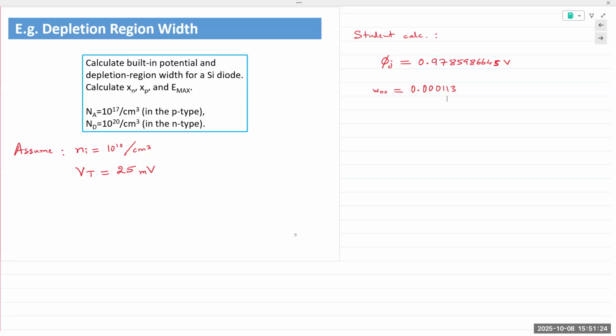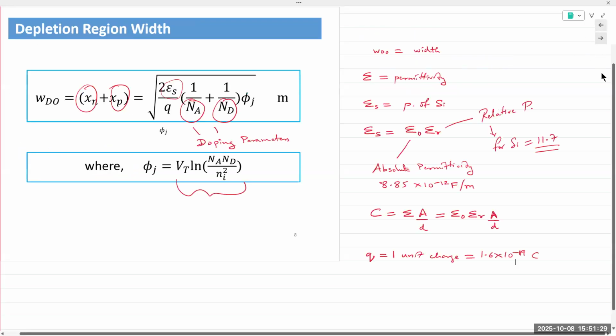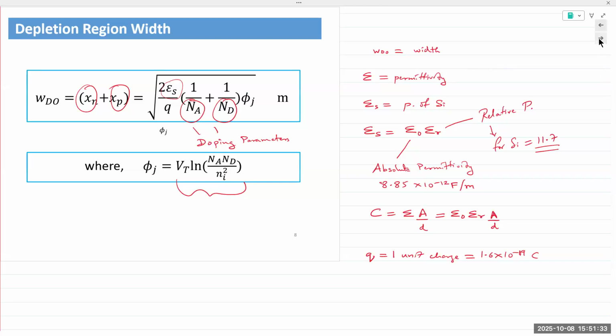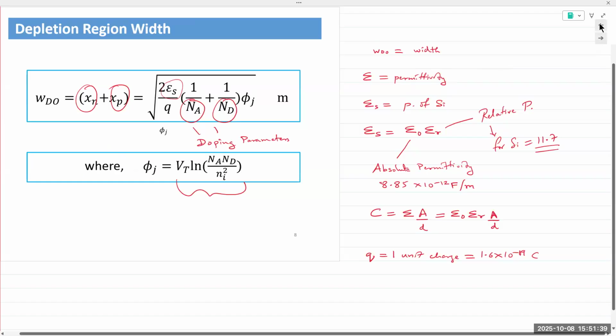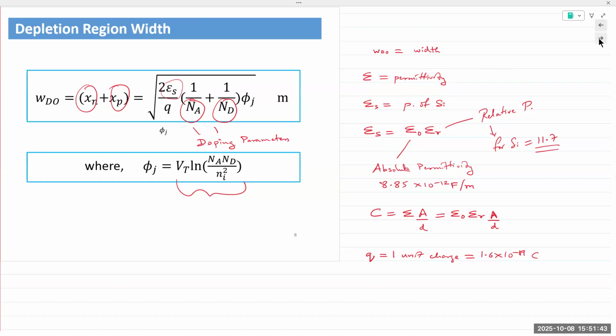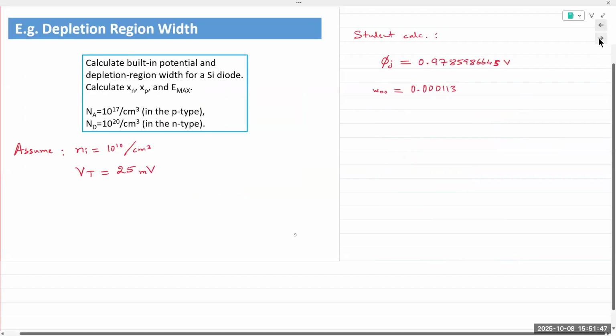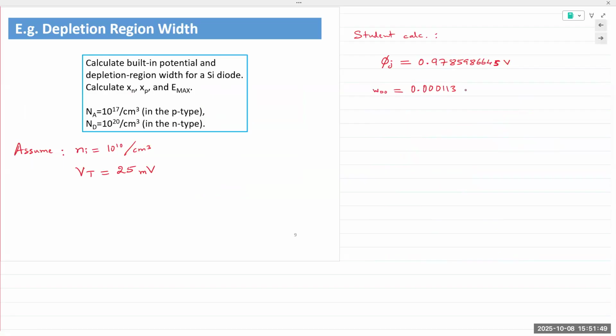When you perform this calculation, we have NA and ND, and then the square root. For both of them, it's 10 raised to 17 and 10 raised to 20. All right, then I will take a look at mine.